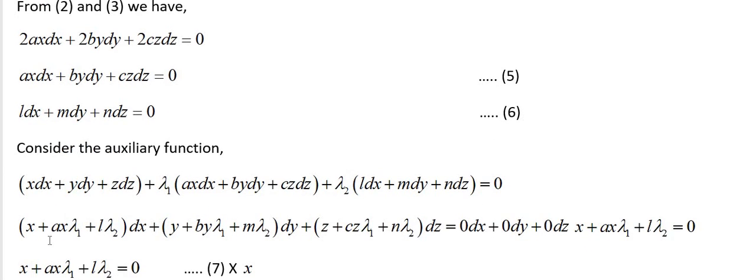In this step, I am taking dx terms in one bracket, dy terms in one bracket, dz terms in one bracket. This 0 can be written as 0 dx plus 0 dy plus 0 dz.